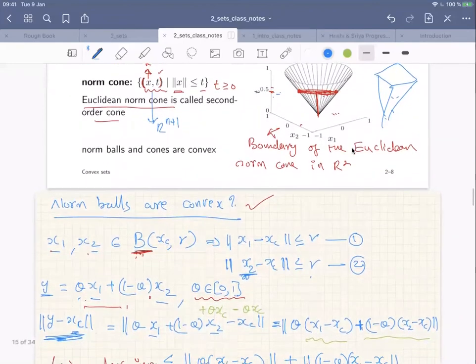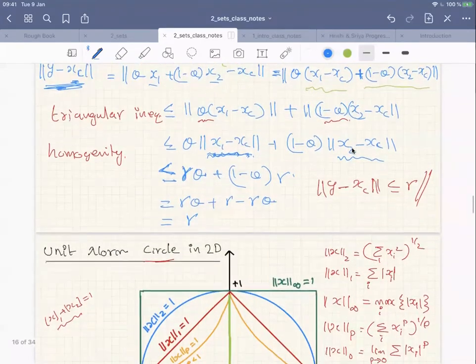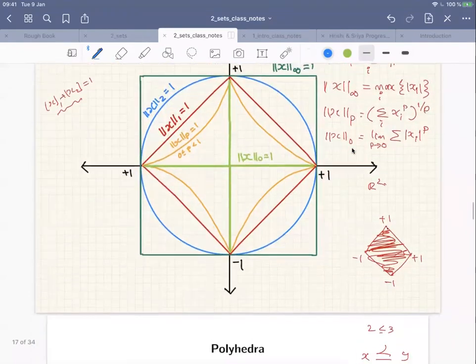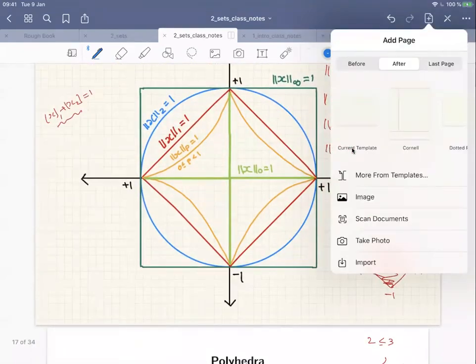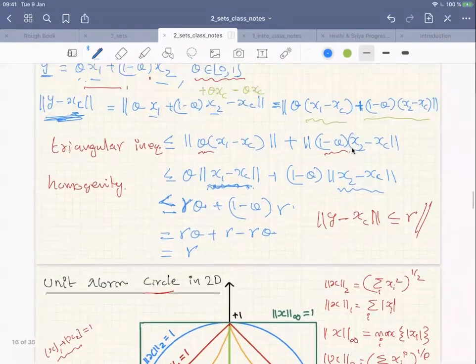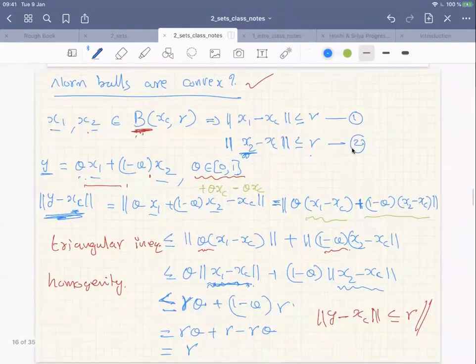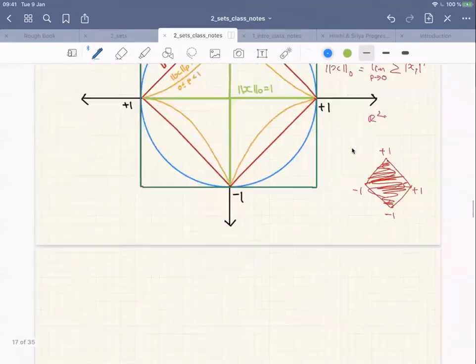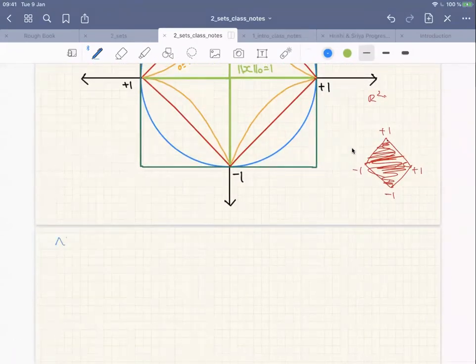Now, is the norm cone a convex set? Let's see. Again, it is easy to prove. So what is a norm cone?